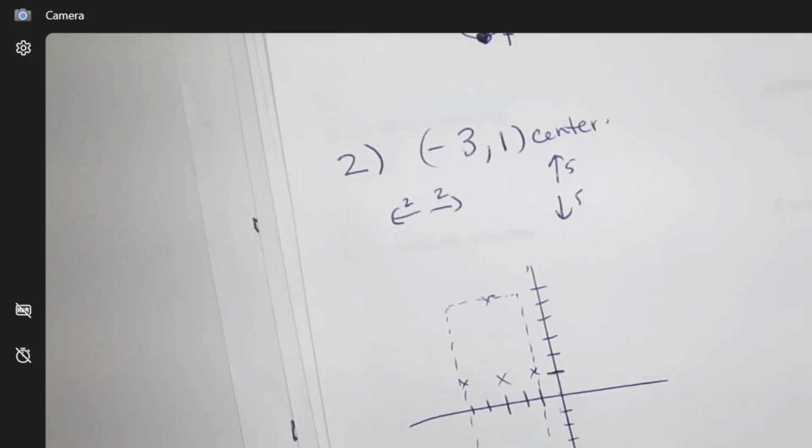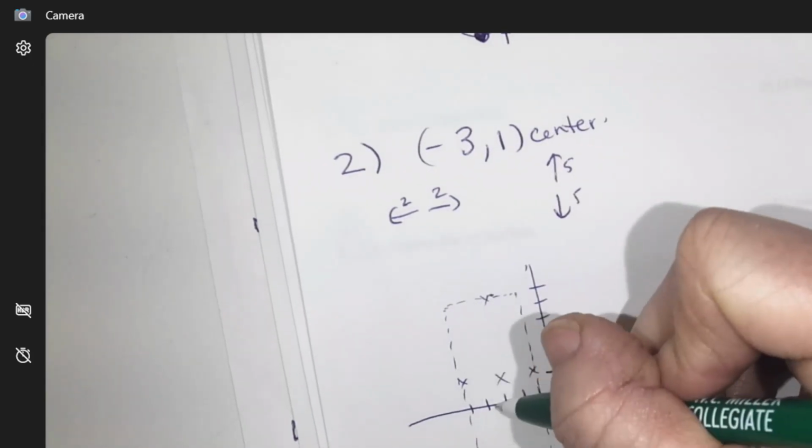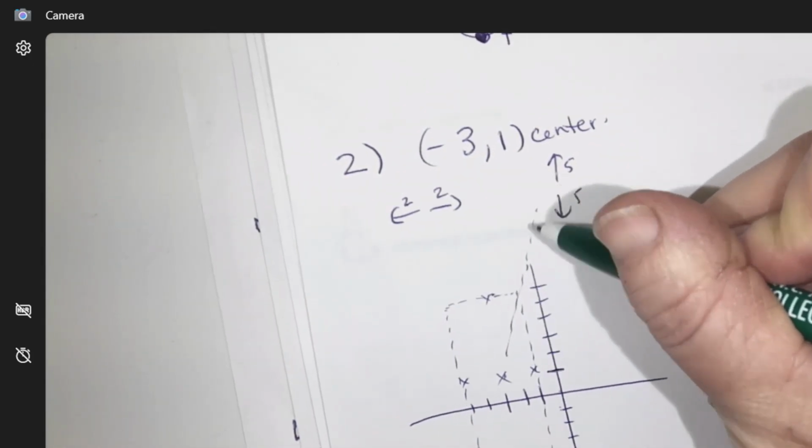Okay, your shape makes a box, and then your asymptotes will go through the corners and center of the box.